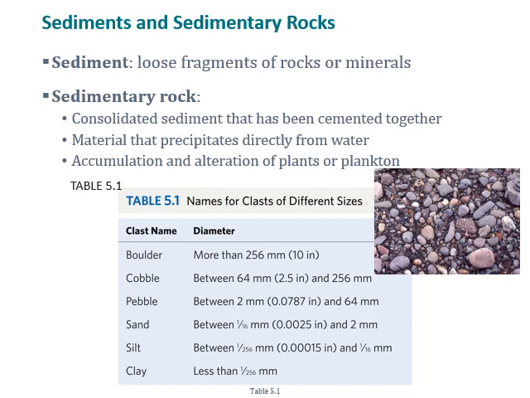So these clasts define all sediments and a large portion of sedimentary rocks in the first bullet point under sedimentary rocks. In the picture to the right, you see some sediment of a variety of grain or clast sizes that includes probably cobbles all the way down to pieces of silt, sand, or clay.